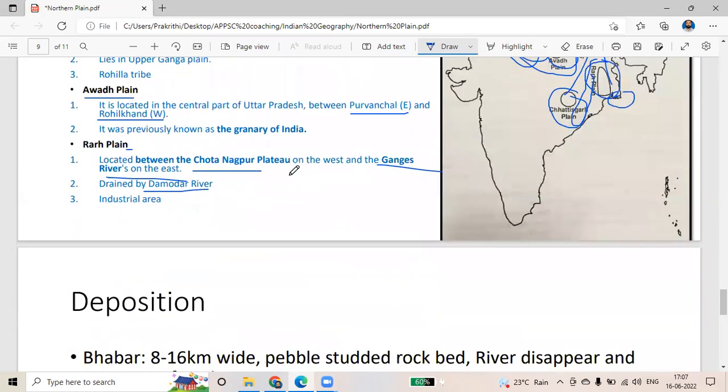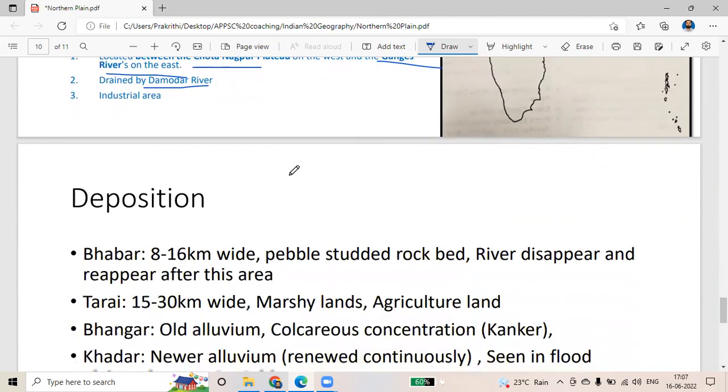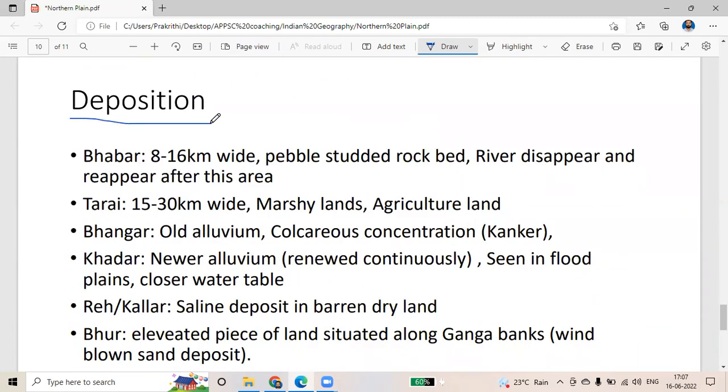And let's see some of the important features that is being created by deposition action. Actually, when we say about plain, it is usually formed by the depositional action of either fluvial action, aeolian action के वजह से इस deposition होता है. So there are certain terms you want to understand.